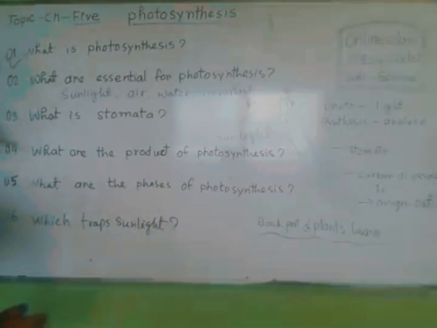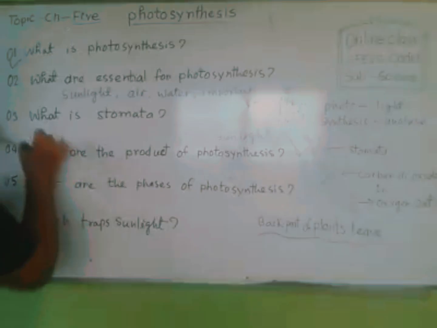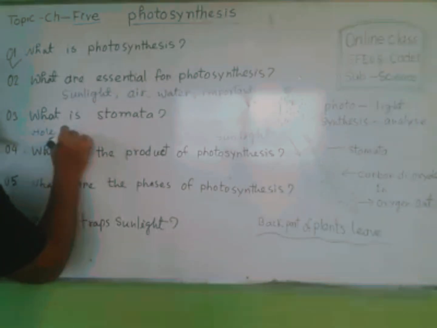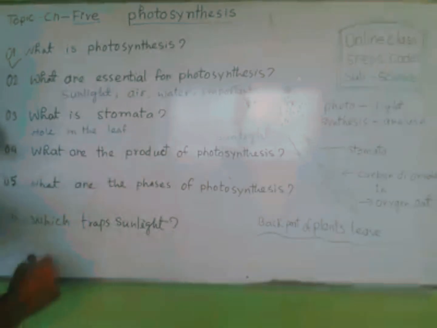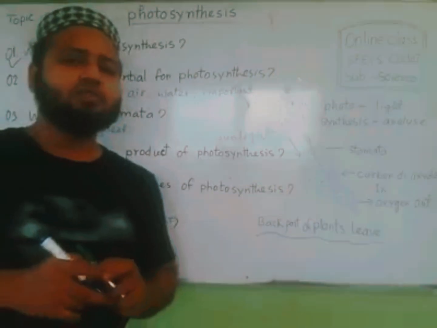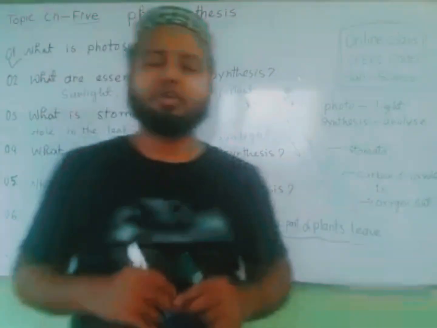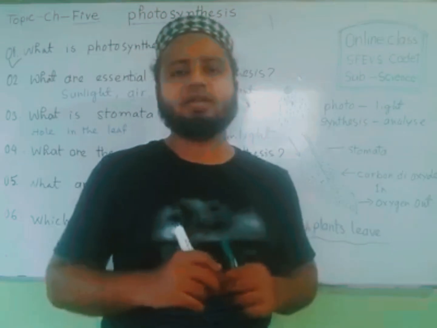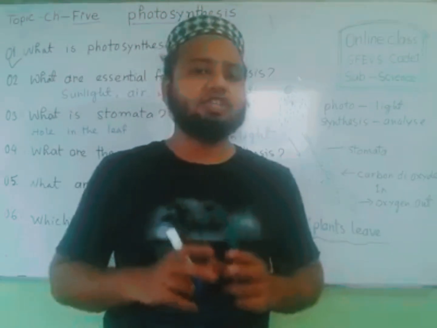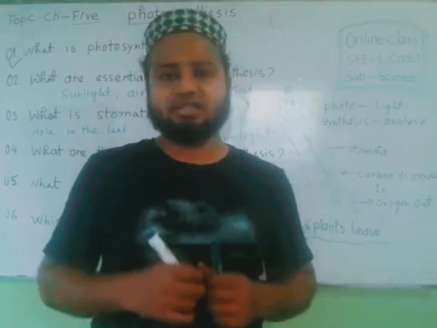What is stomata? Stomata are holes in the leaf. They are microscopic holes that we cannot see with the bare eye. Through these stomata they exchange gases.